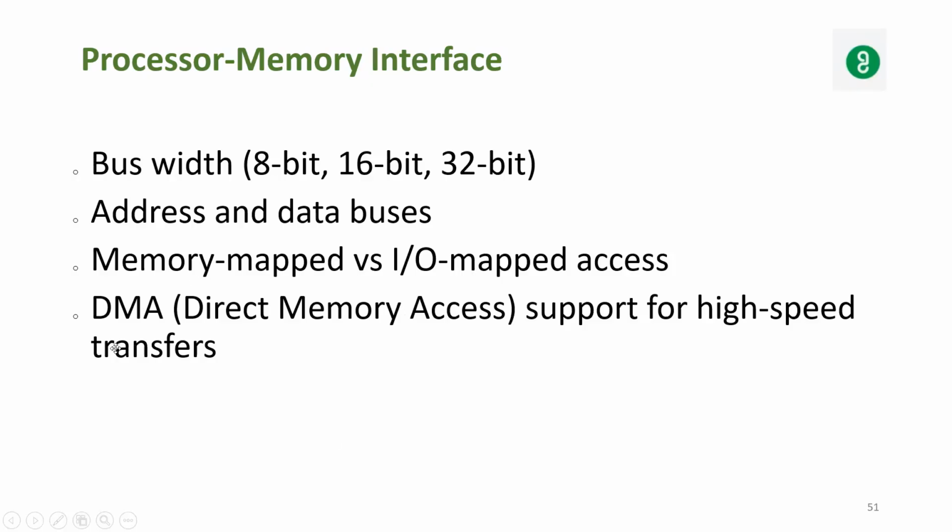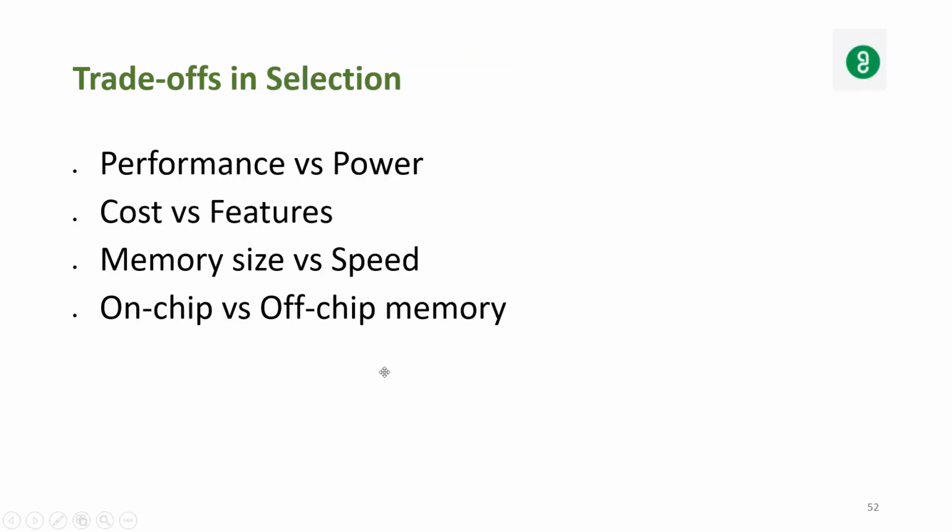And if you want to transfer the data directly from memory to CPU, you have to go for direct memory access. Whether you require support for high speed transfers or not, you have to select.